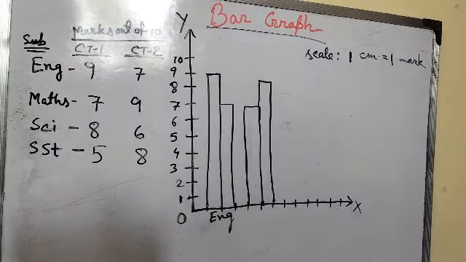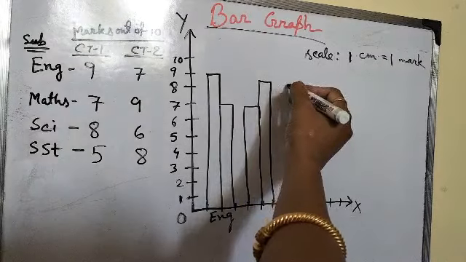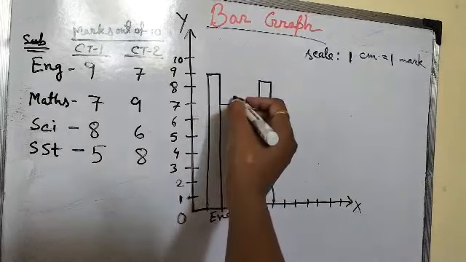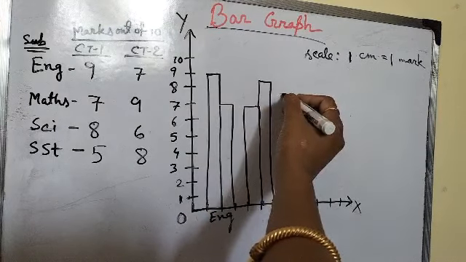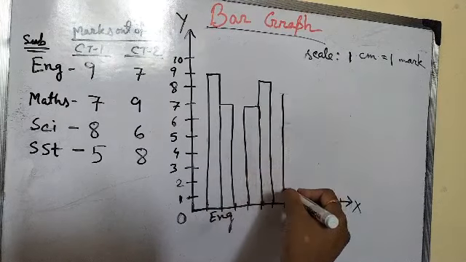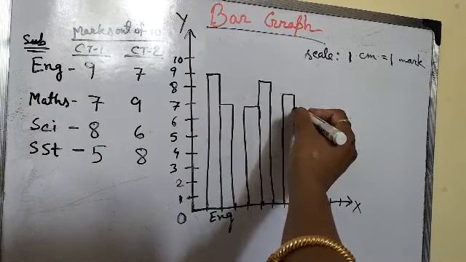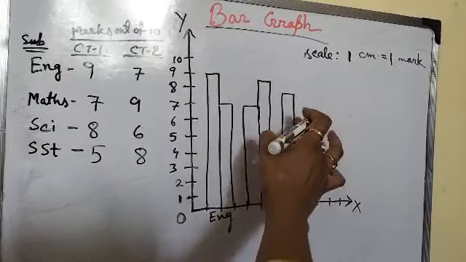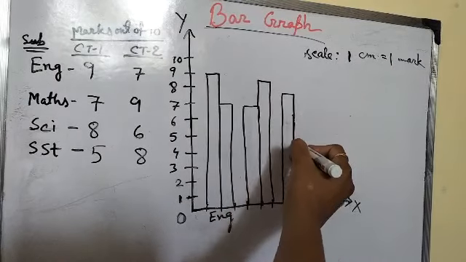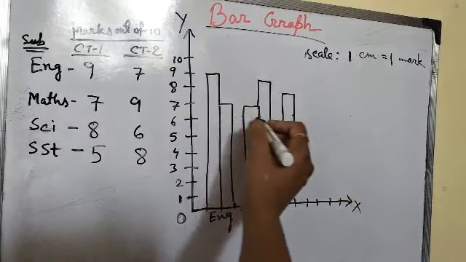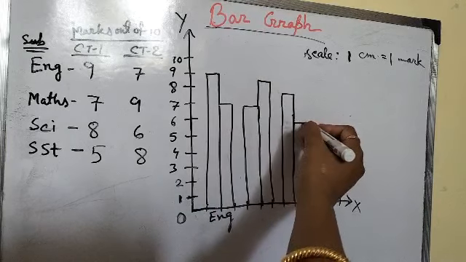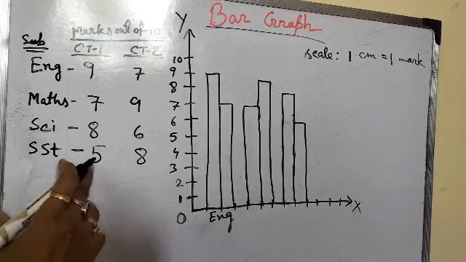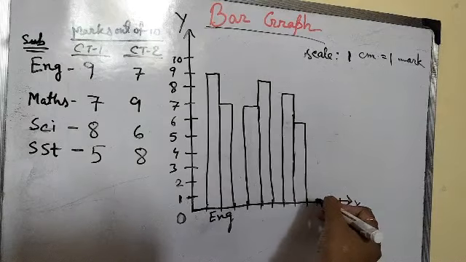Then science, 8 marks for city 1. Then for city 2, 6 marks. Then SST for city 1, this is 5 marks.